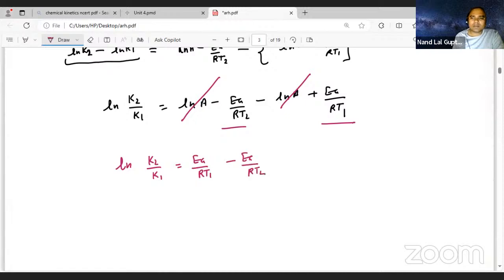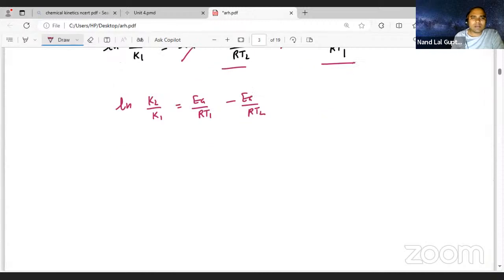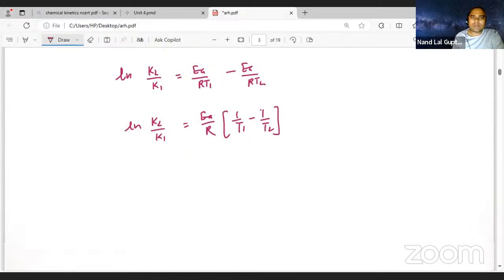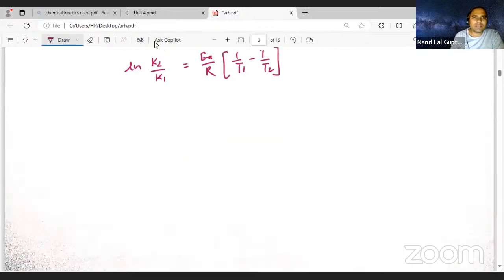Taking Ea upon R common, ln K2 by K1 is equal to Ea upon R times 1 by T1 minus 1 by T2.